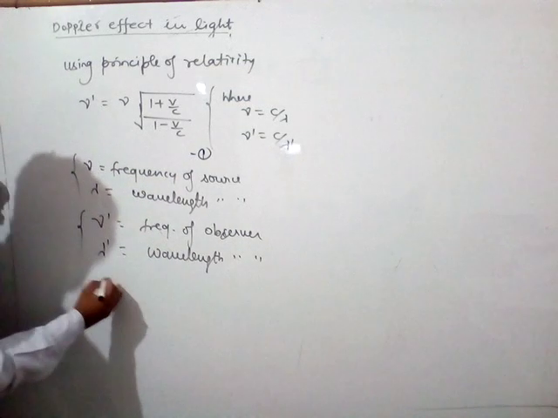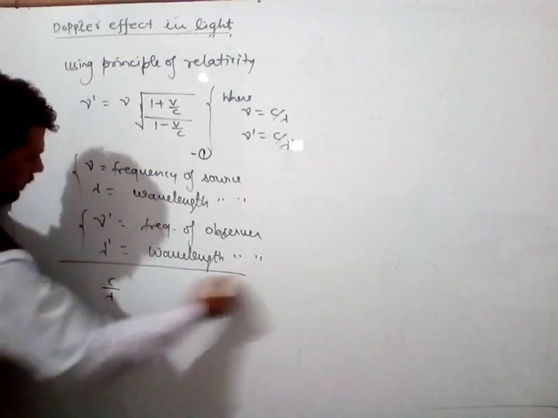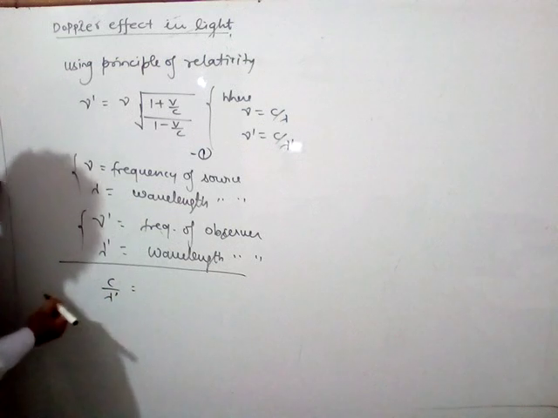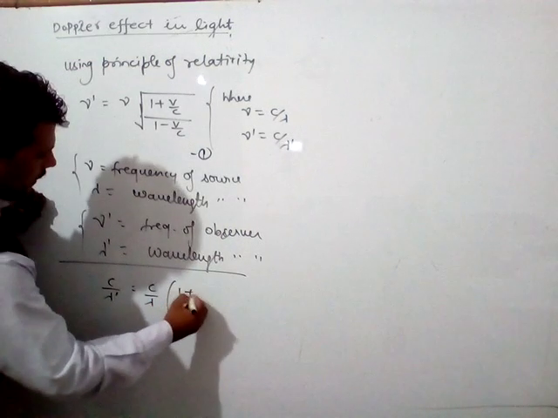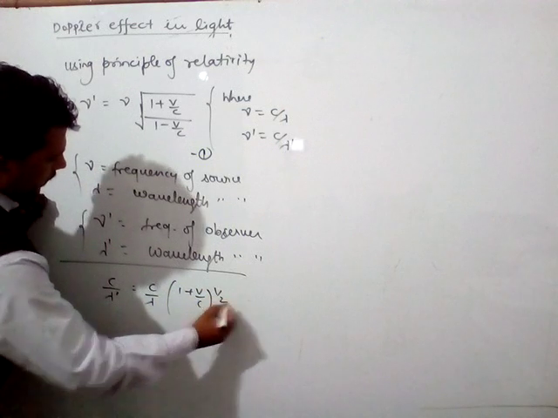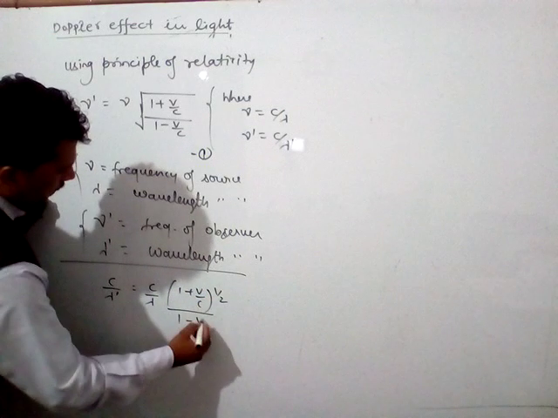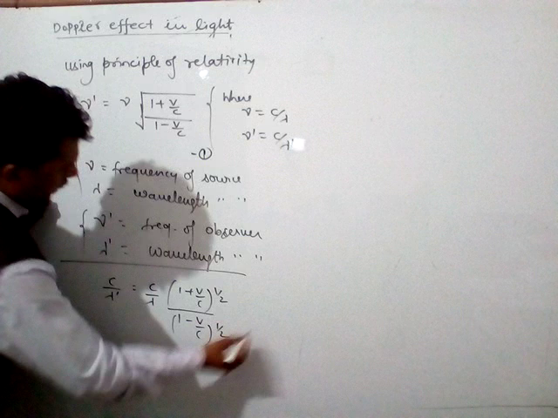So c by lambda dash equals c by lambda times (1 plus v by c) power 1 by 2 upon (1 minus v by c) power 1 by 2.